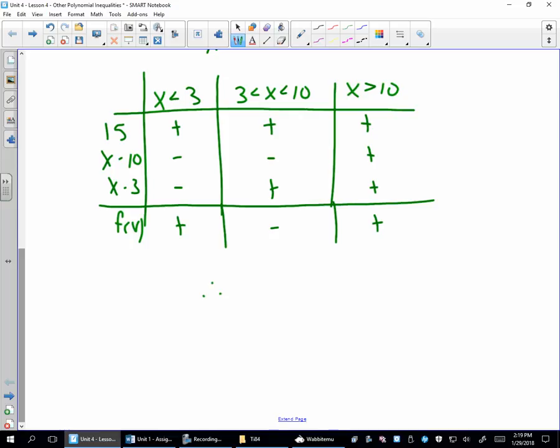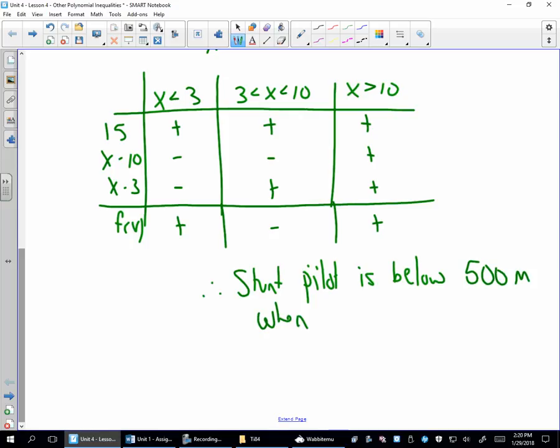I can say the stunt pilot is below. We solved it according to 0, but it's actually below 500 meters when, key, there's the below part, right? Below is this thing, when time is between 3 and 10.